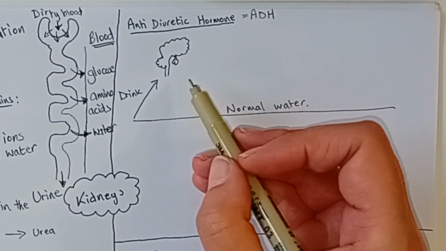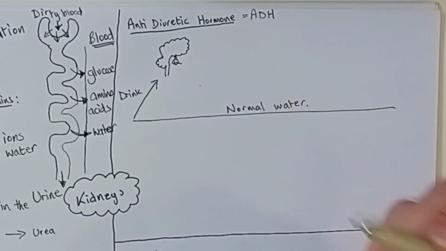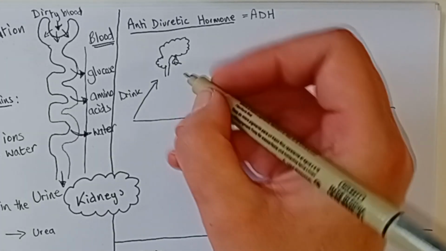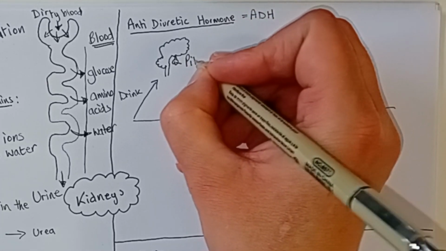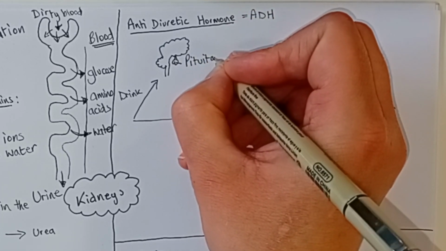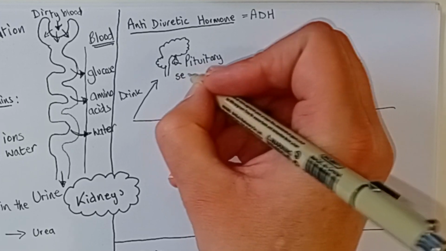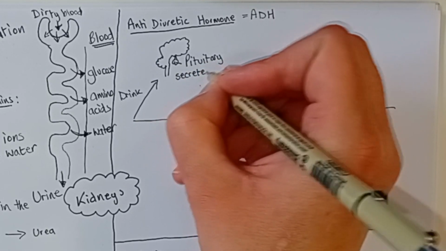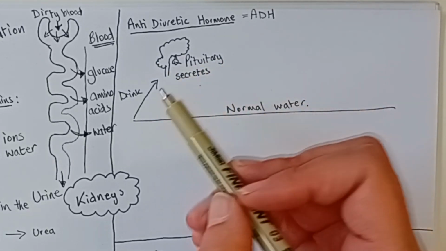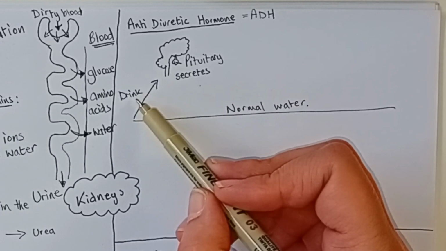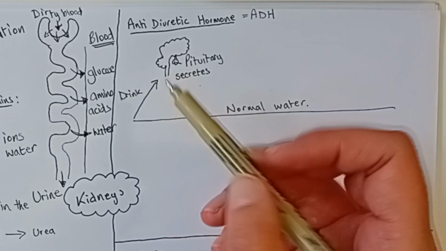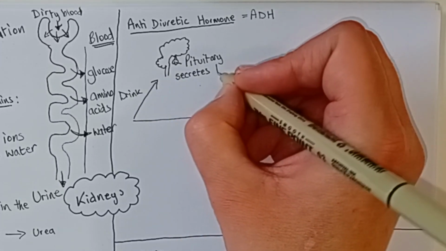Remember, the pituitary gland hangs down from the base of the brain and it secretes this hormone, ADH. So the pituitary secretes ADH. But if you've got too much water, then you want less ADH.